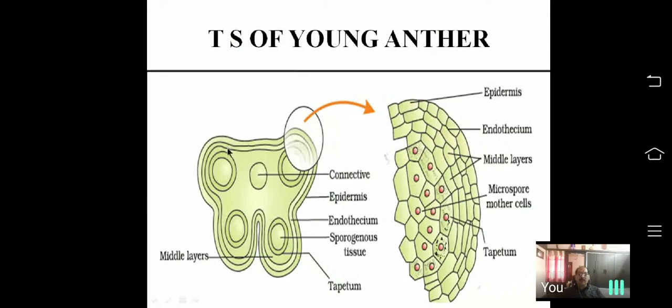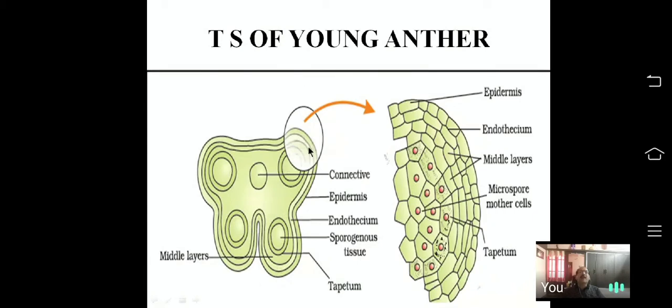It has two lobes, a right lobe and a left lobe. A single anther that has two lobes is called a dithecous anther. Inside the anther there are four sacs.